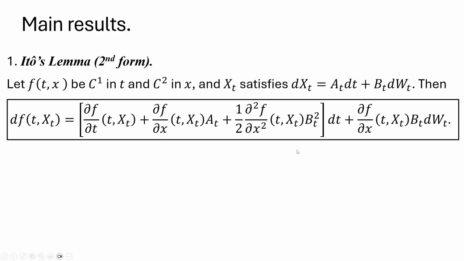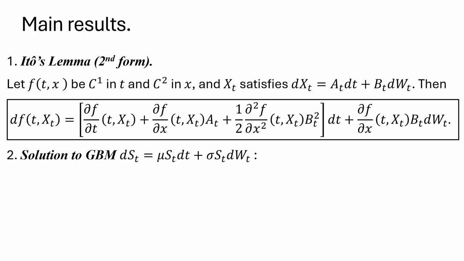So the expression in the square bracket is the drift coefficient for the new process f of t, X_t. And the new process has a diffusion coefficient of the partial derivative df over dx at t, X_t times b_t. Even though it might look complicated, the derivation is no more difficult than Itô's formula in its basic form, which is episode 3.